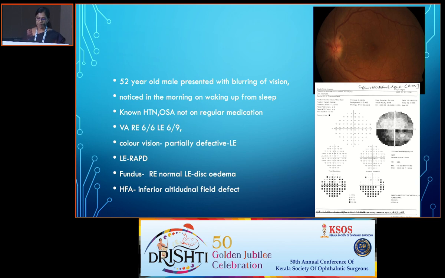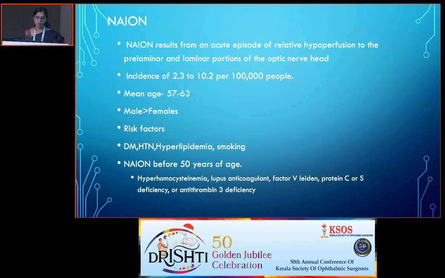He is a known case of hypertension and obstructive sleep apnea, not on regular medication. His visual acuity was 6/6, 6/9. Color vision was partially defective. There was RAPD, and the field showed an inferior altitudinal field defect. So it is a typical presentation of non-arteritic AION.